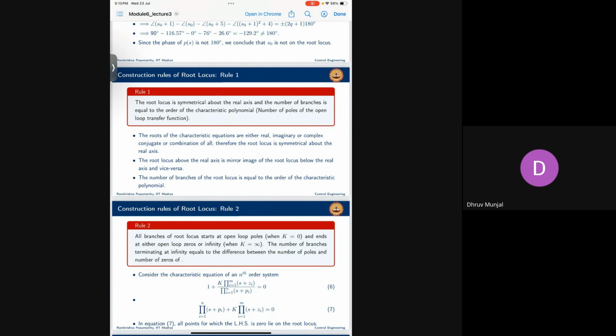Whatever the highest order, that many poles you have, that many branches of root locus you will have. So the shortcut is: number of poles is equal to number of branches.